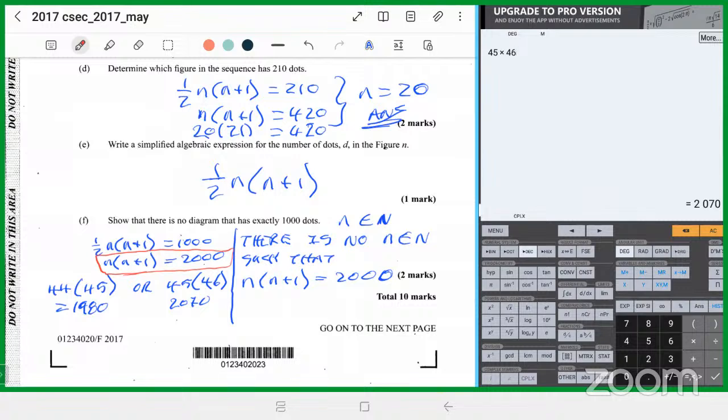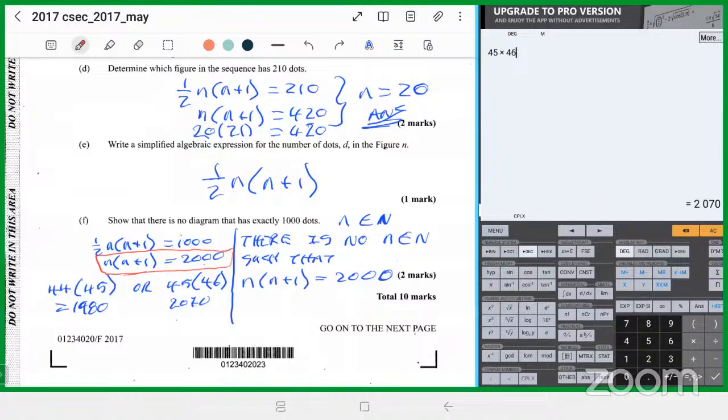So I'm going to try 44 times 45. I'm going to get 1980. Then the next two consecutive numbers to try are 45 and 46. That gives me 2070. So it jumps over 2000. Therefore, there are no two consecutive whole numbers where the product is 2000. And so there is no n that will cause the number of dots to be 1000.